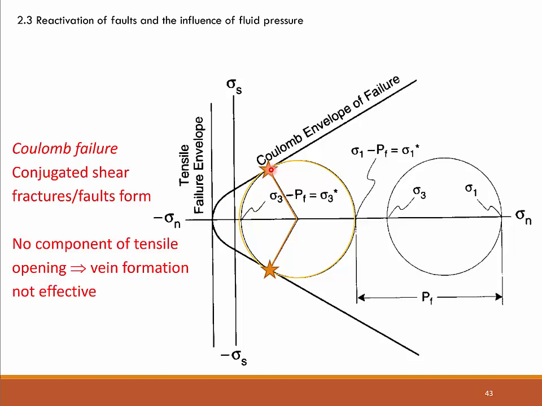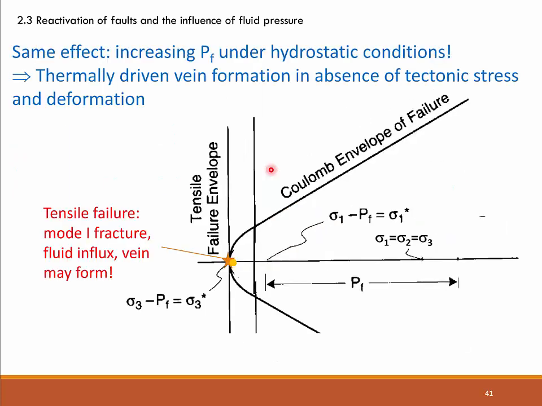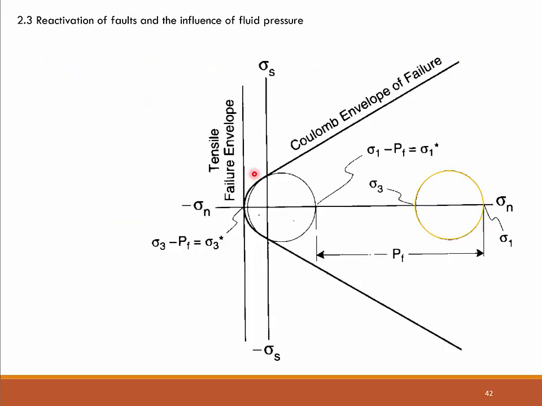Vein formation is only possible under relatively small differential stresses that allow intersection of either the parabolic or the tensile failure envelope. Only under these conditions, hydrothermal veins are actually able to dilate and form meaningful structures.